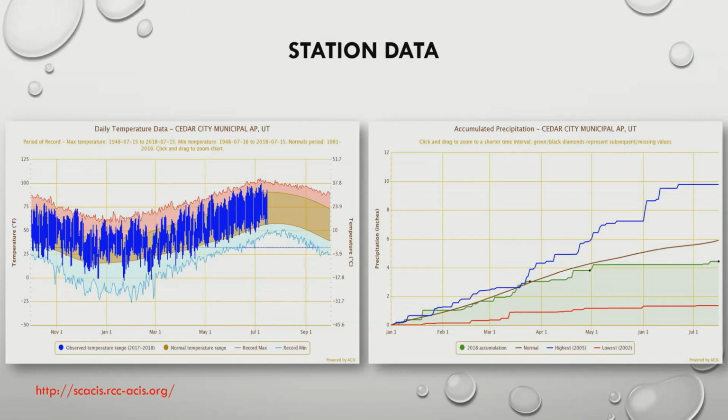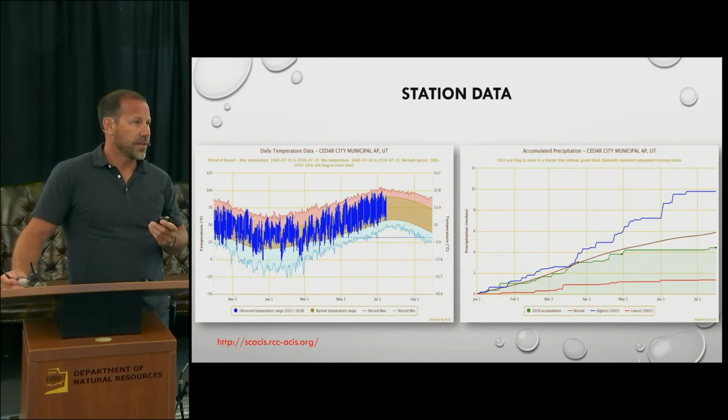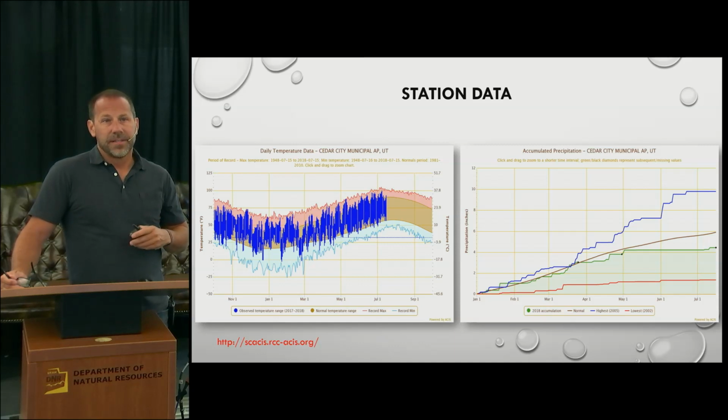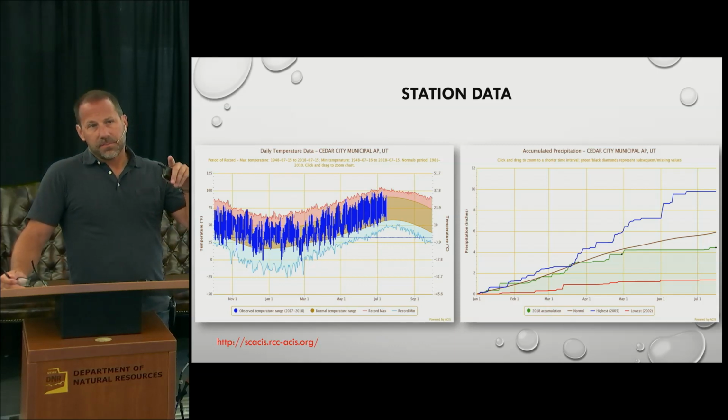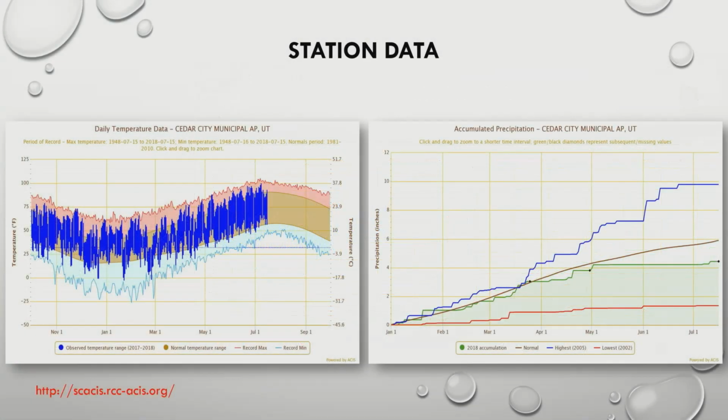Another product you can get from AIS is individual station data. What you're looking at here on the left-hand side is from the Cedar City Airport. The blue lines that are going up and down, I think I had chosen, are from the beginning of the water year, October 1st.